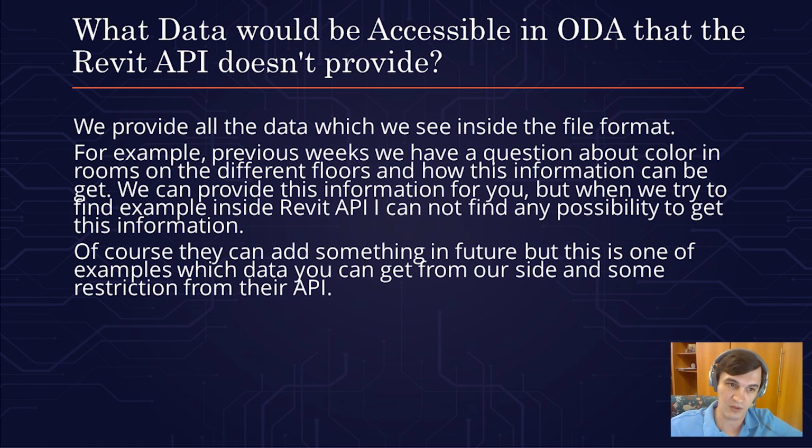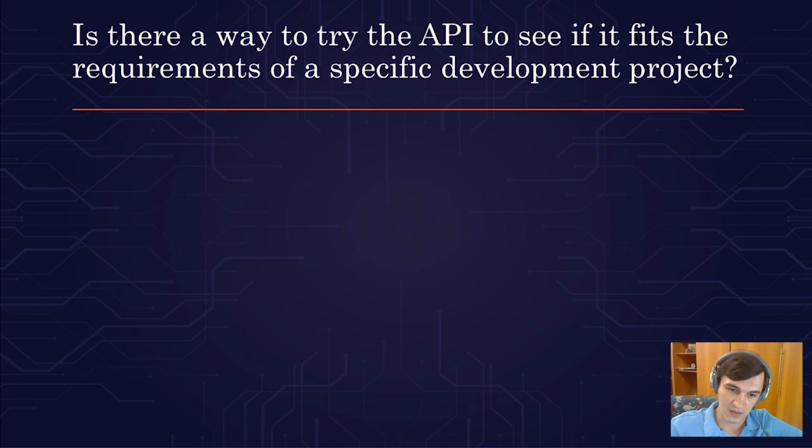It's available through the user interface. You can create some scheme and change it, but I don't see any possibility in the API. Of course, they can add something in the future, but this is one example of which data you can get from outside, and of a restriction of the API.